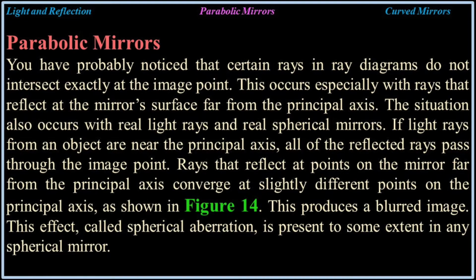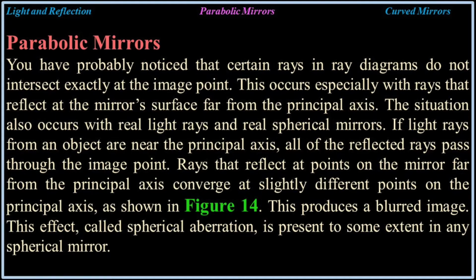Parabolic mirrors. You have probably noticed that certain rays in ray diagrams do not intersect exactly at the image point. This occurs especially with rays that reflect at the mirror's surface far from the principal axis. The situation also occurs with real light rays and real spherical mirrors.